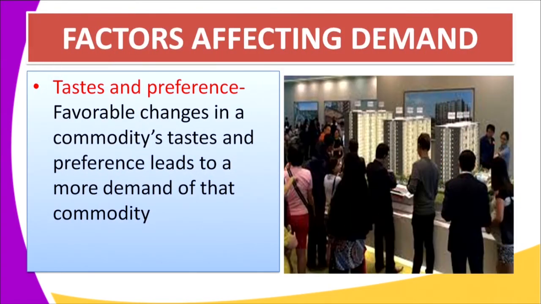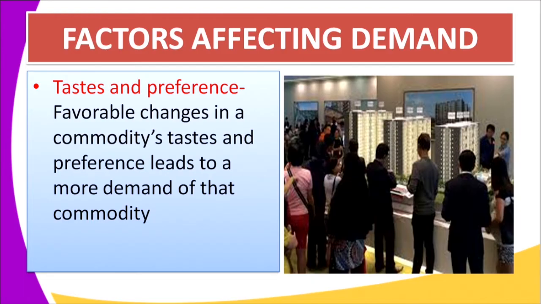The other factor affecting demand is tastes and preference. If one is making commodities for consumption, for instance food, beverages, even clothes, as a designer, and the products are likely to be preferred in terms of taste and preference by the consumers, consumers will buy more.